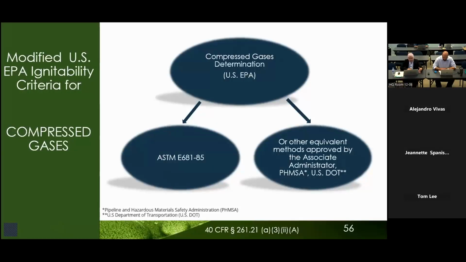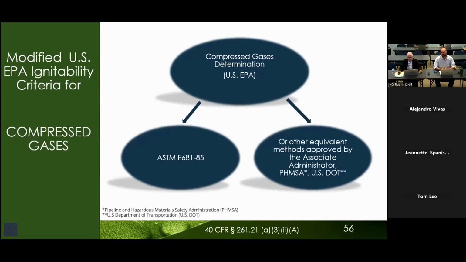The criteria now indicates specific test methods for determining if a gas is compressed and ignitable based on its pressure and flammability limits.